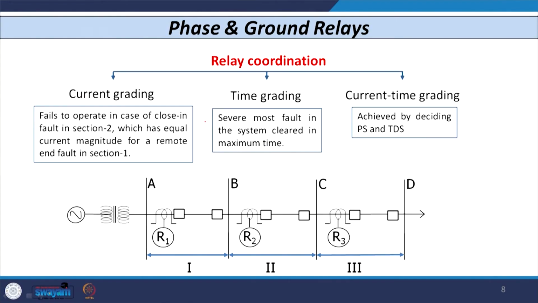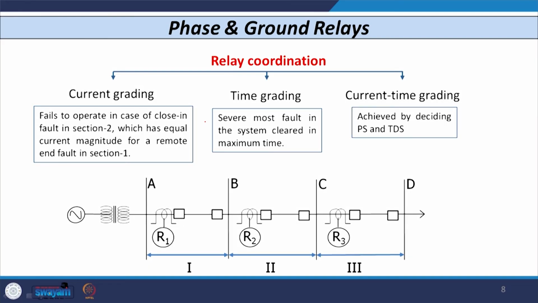So, there are basically three methods of coordination of phase and ground overcurrent relays. The first is coordination based on current quantity, the second is coordination based on time quantity, and the third is coordination based on both current and time. When I consider coordination based on current, that is known as the current grading procedure, and this type of procedure normally fails to operate when we have a closing fault in one section which has equal magnitude to the remote end fault in the other section.